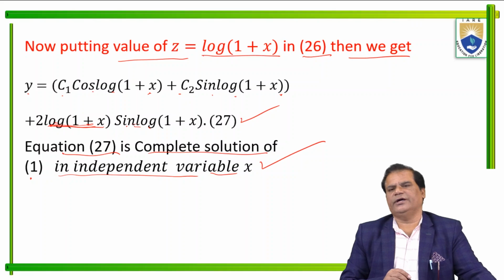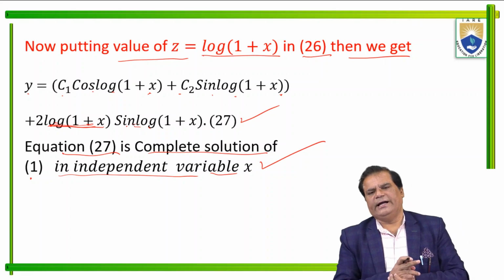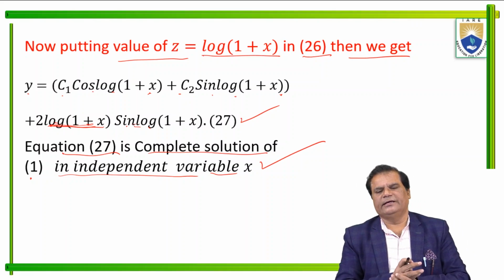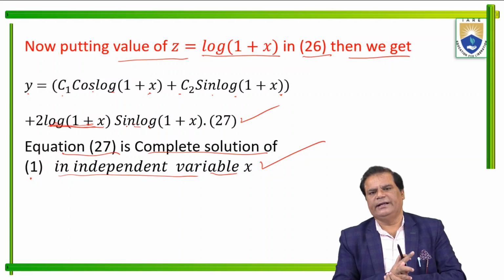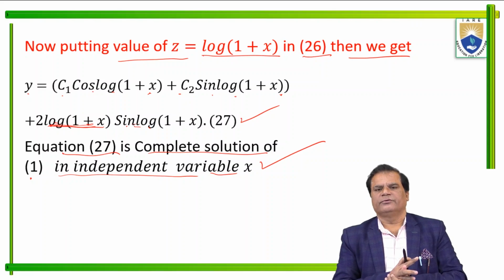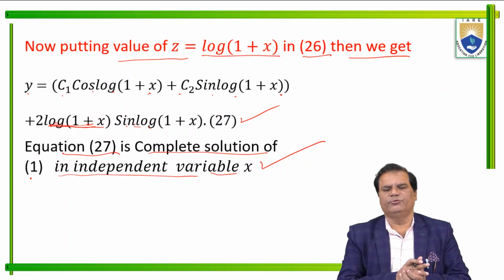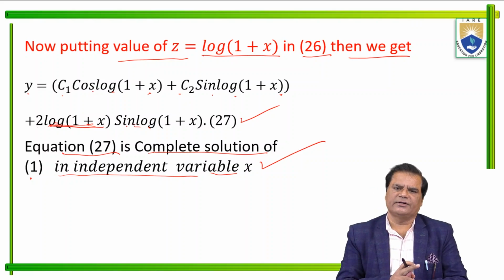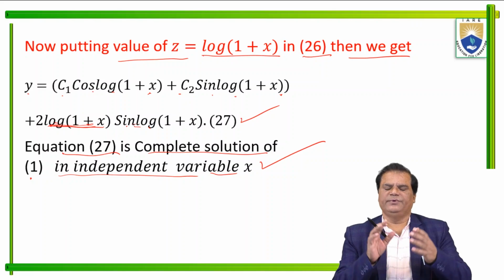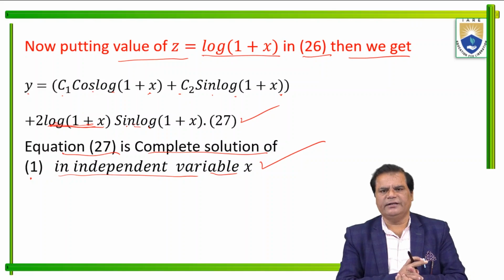Okay. So in today's lecture I have discussed the topic Legendre homogeneous linear differential equation. In our differential equation there are two variables y and x. But how can we solve this equation? So we change this Legendre homogeneous differential equation into a linear differential equation with constant coefficients. We consider some assumptions here.